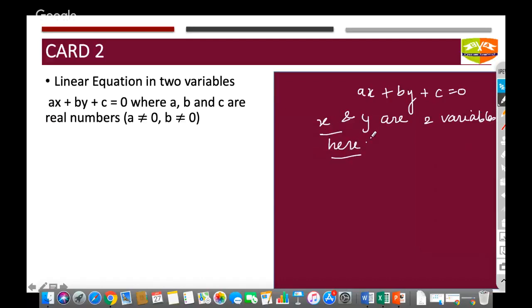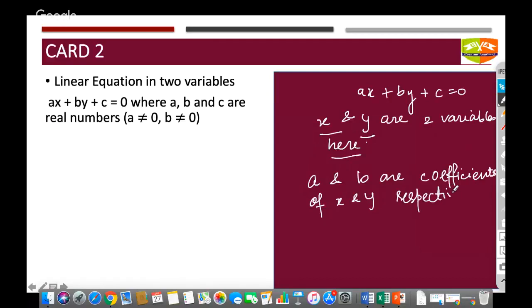And what are a and b? a and b are coefficients of x and y respectively. The number coming in front of a variable is known as the coefficient of that variable.